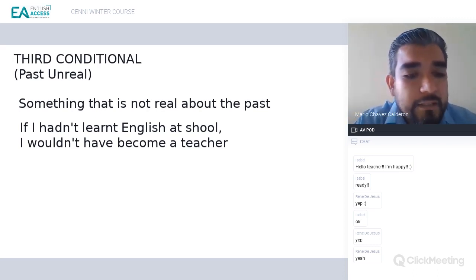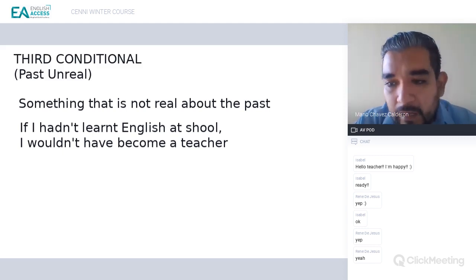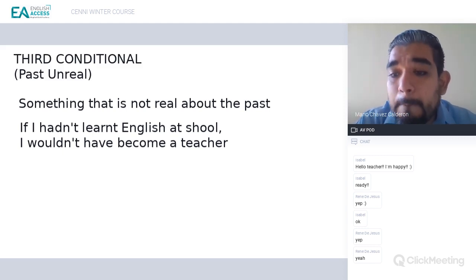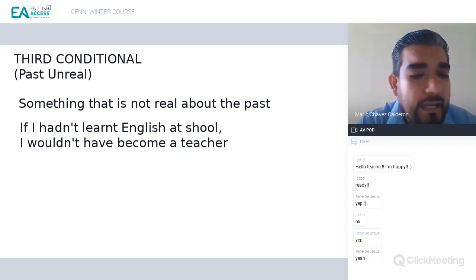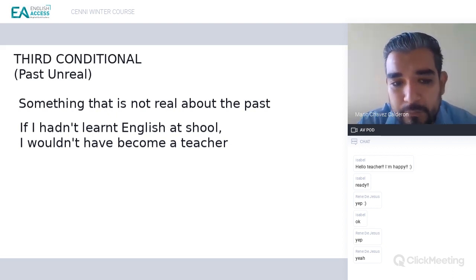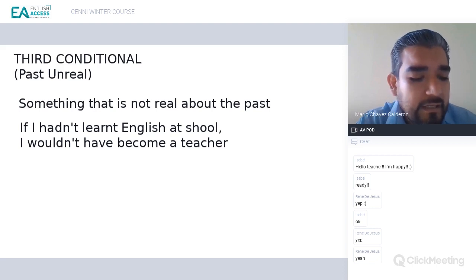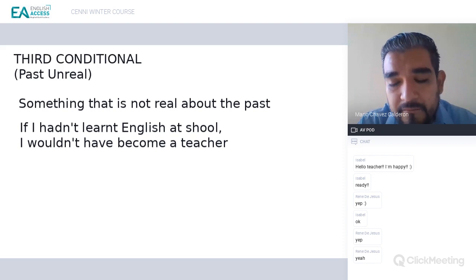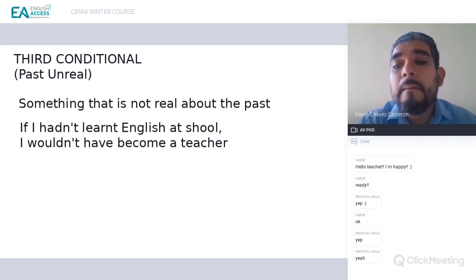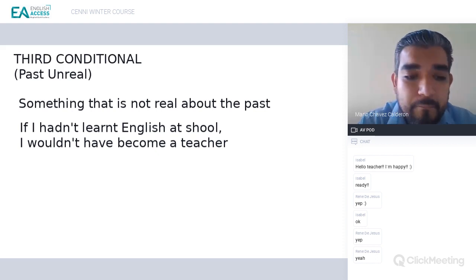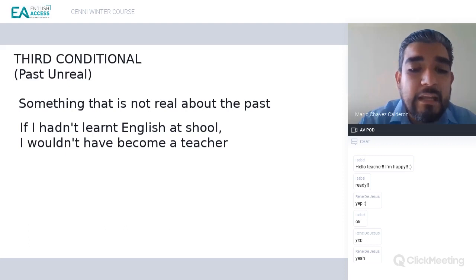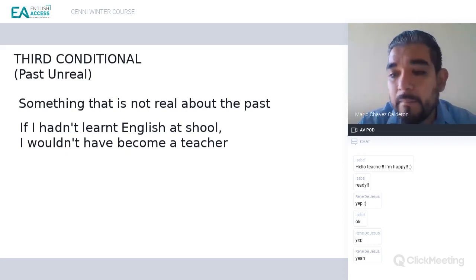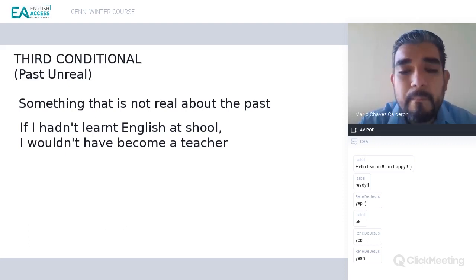So as you can see in this sentence, the if clause is in past perfect. It means it goes with had and the past participle of the verb. And the second clause is wouldn't have. It's a perfect modal. If I hadn't learned English at school, I wouldn't have become a teacher.